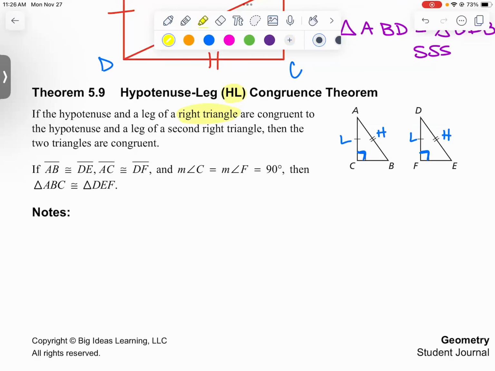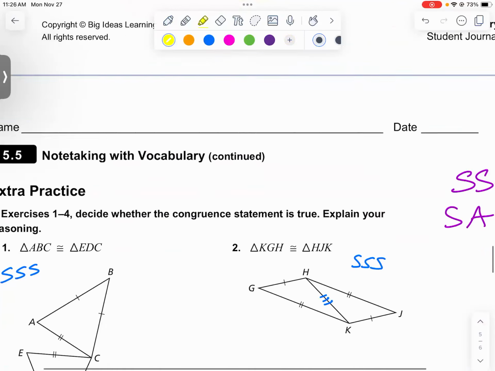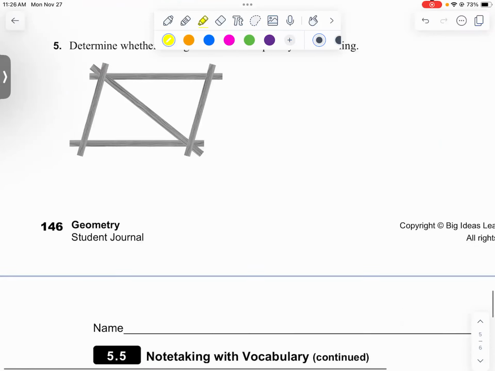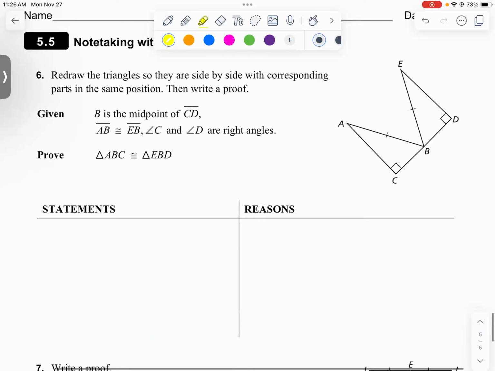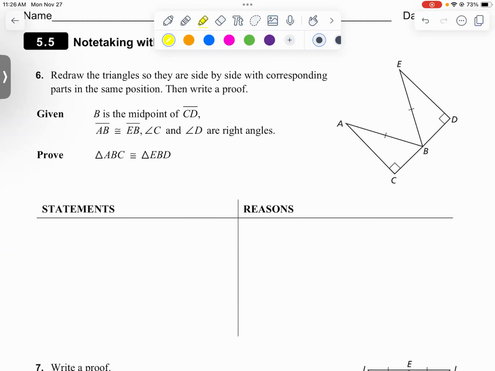So to finish out our class period, we are going to go to 2 pages ahead to this number 6 right here, and we're going to prove that these 2 triangles are congruent. Okay. So let's everybody write down the given information here.